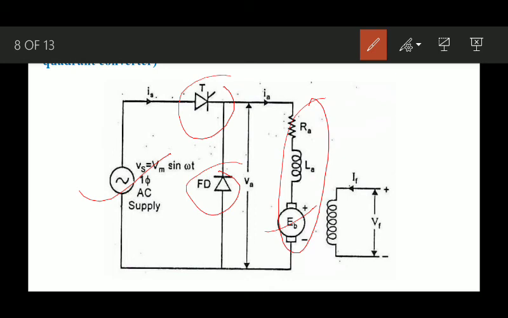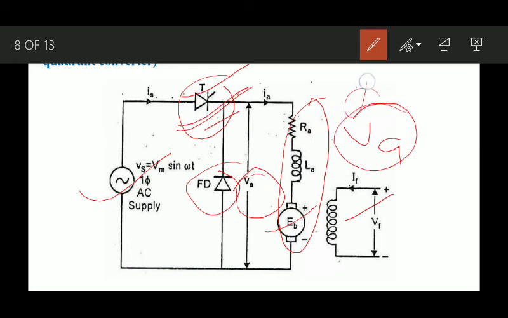This is the field current IF and field voltage. So we can control the output voltage VA by varying the firing angle of this thyristor. We can get different values of the DC voltage VA and control the speed of the motor.